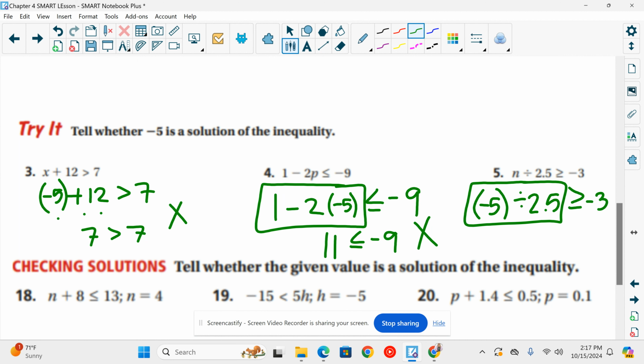You should be able to put this in your calculator fast. It should not take this long. Negative 5 divided by 2.5 gives you negative 2. Very good. So negative 2 greater than or equal to negative 3. Is negative 2 greater than negative 3? Yes. So it works. Okay?